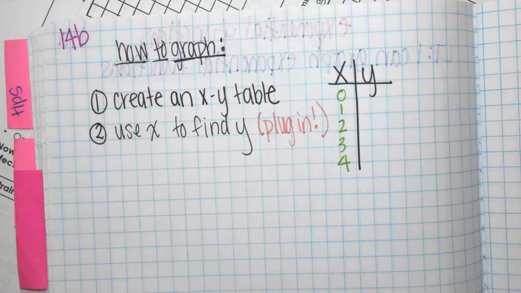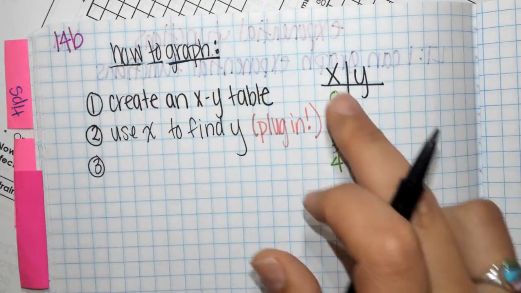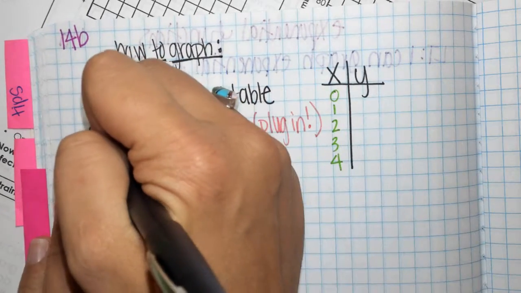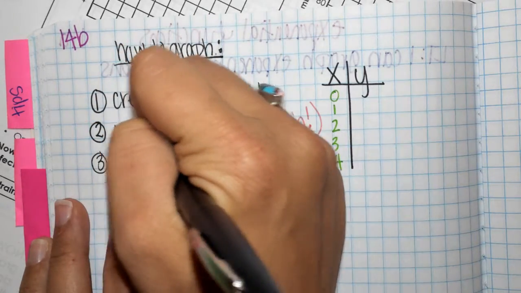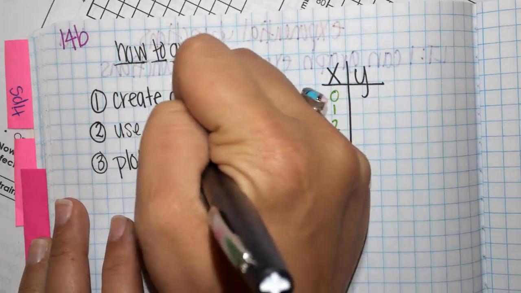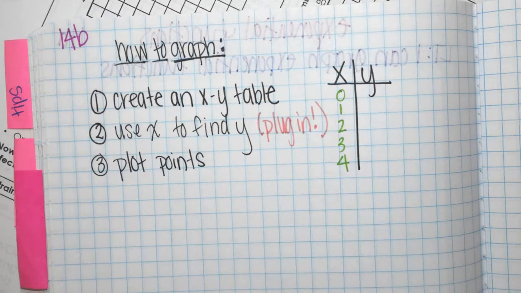Then we would get our y values. Our third step, what do you think we would do once we had both x and y? We would graph it because we're graphing.